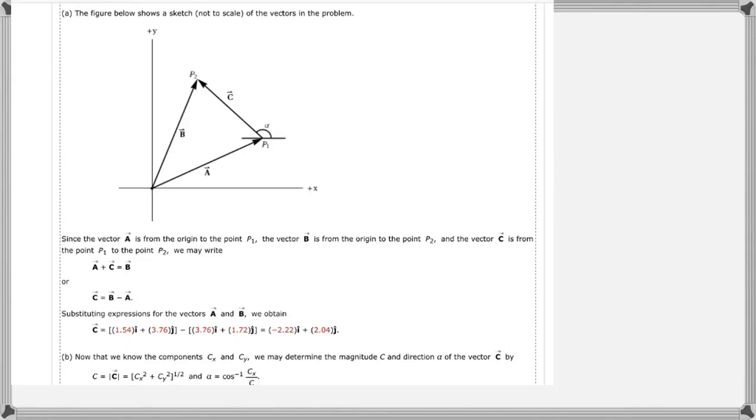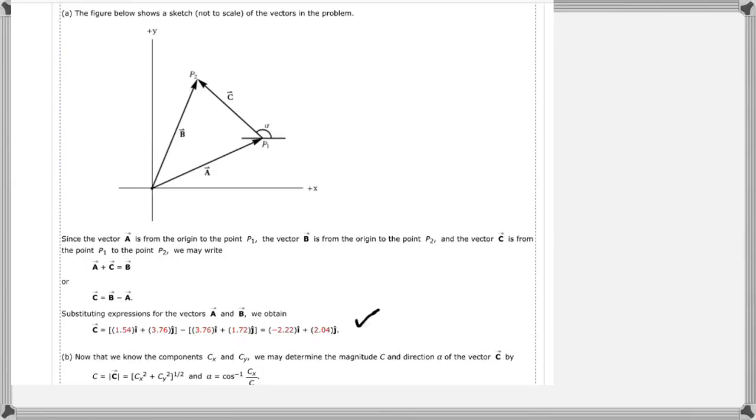So you have 1.54i plus 3.76j minus the other vector. You subtract the i from the i and the j from the j, and you would get the answer. So that's what's given here.